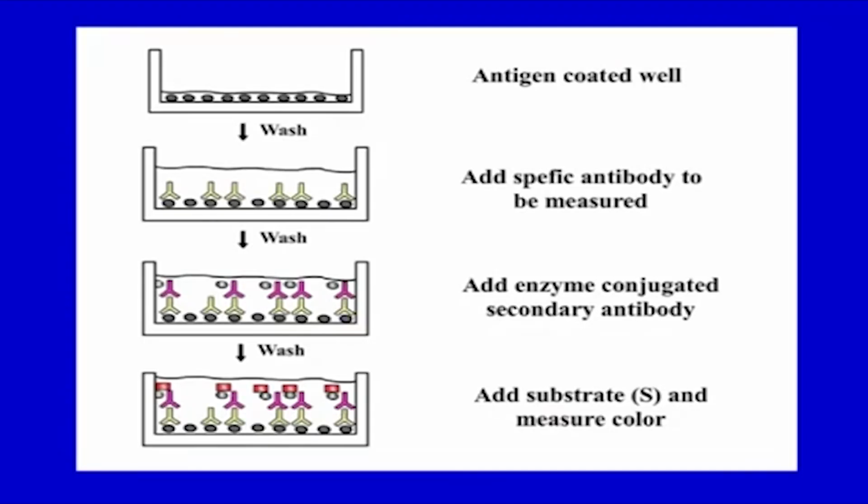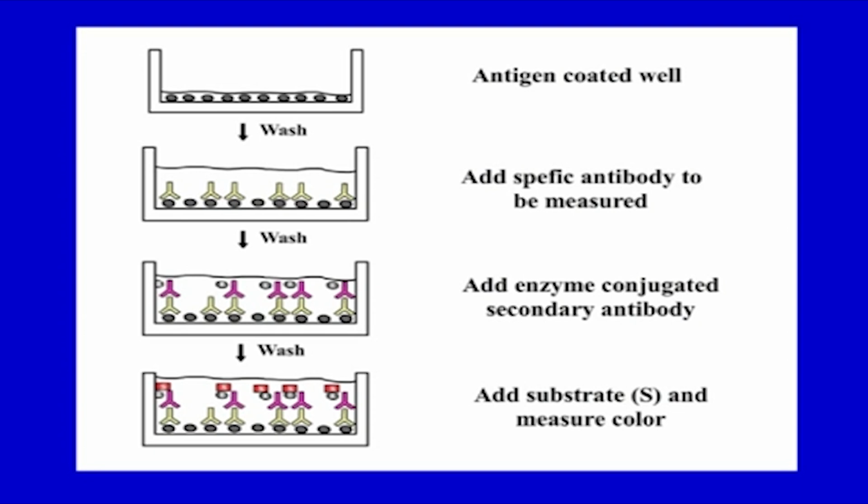So, if you can see on your screen, in indirect ELISA, the first thing is that antigen is coated, and like I said, antigen might be in very small quantities in the whole of the sample. If that is so, then other proteins will also be coated in here. Once antigen is coated, specific antibodies are added, and the extra antibody will be washed off.